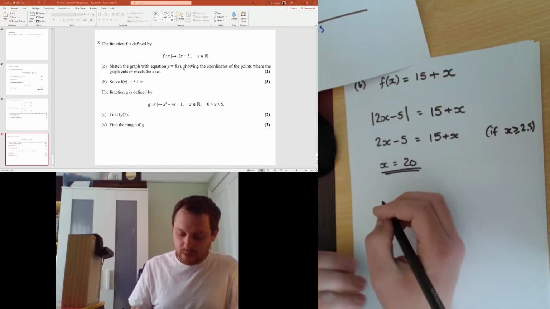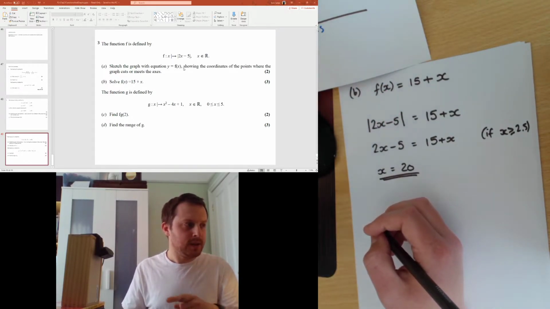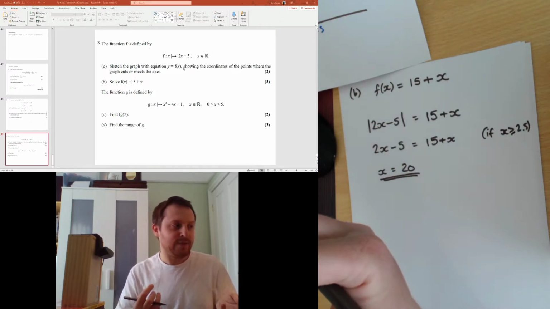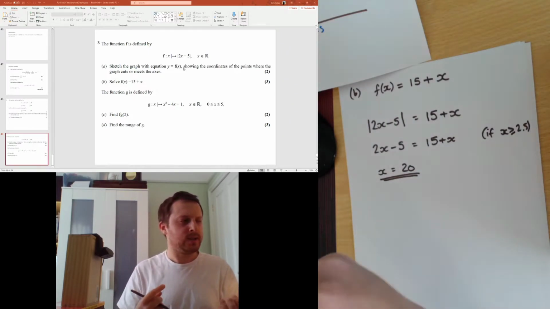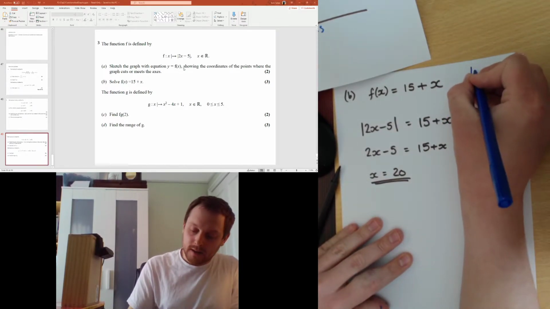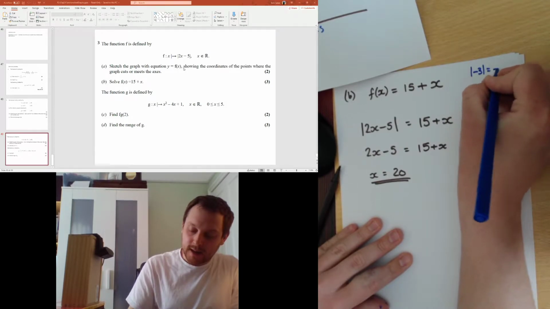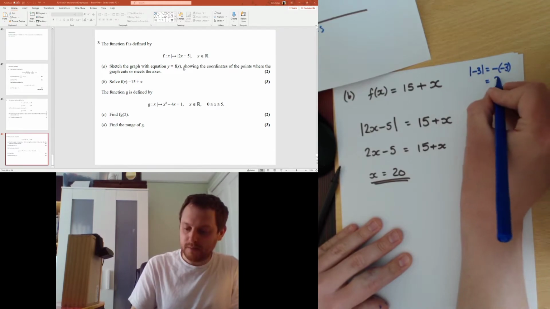We've also got a different one. We've got the negative of this. So that's really important. The modulus of a number is the negative of it if it was negative to start with, if that makes sense. So, for example, let me use a different color. The modulus of -3 is the negative of -3, which is 3.